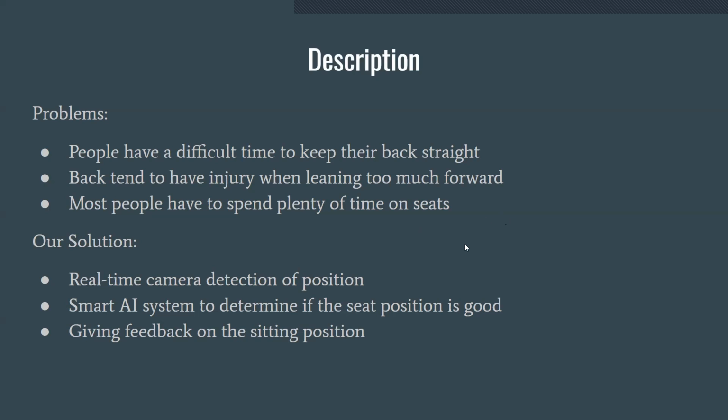In our solution, we have real-time camera detection of position. It is a camera that takes pictures that are sent to the AI, and if the person is not sitting correctly, the AI will know.